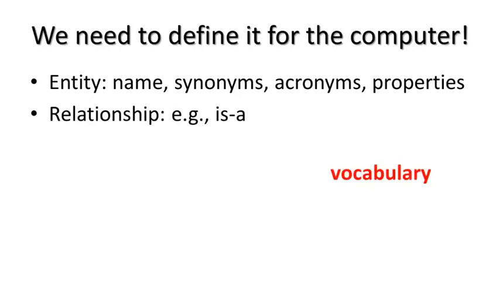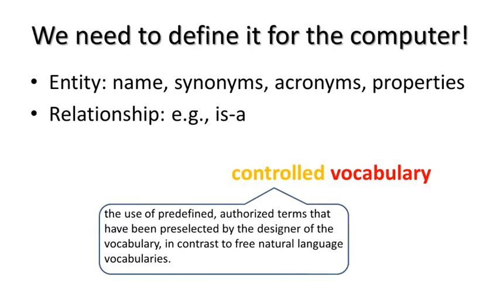Not just any vocabulary, but a vocabulary that is controlled, dictating the use of predefined, authorized terms that have been pre-selected by the designer of the vocabulary, in contrast to free natural language vocabularies.